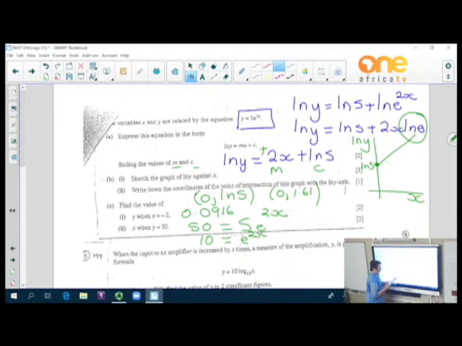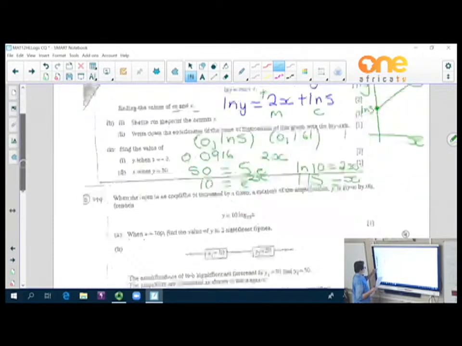And now, how do I get rid of e? I ln it. So then I'm going to say that ln 10 is equal to 2x. And then we can get the value of x: ln 10 divided by 2, which is 1.15.